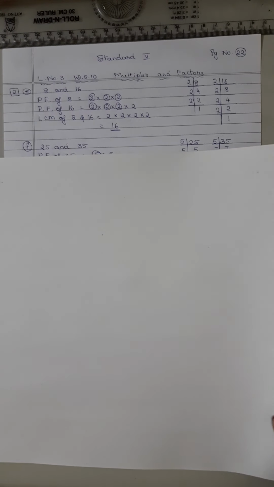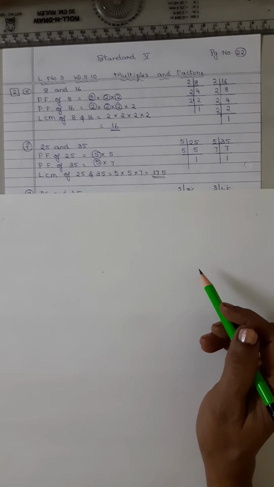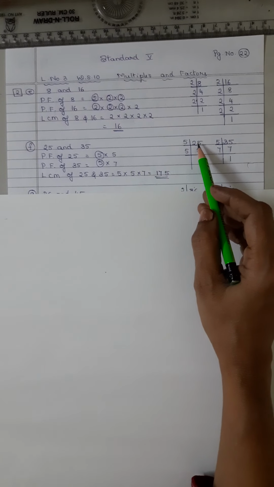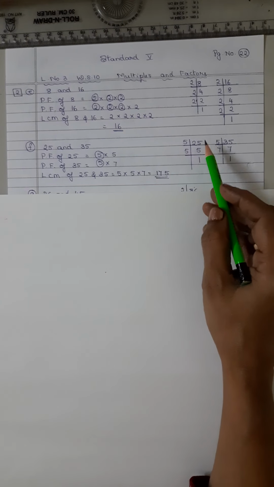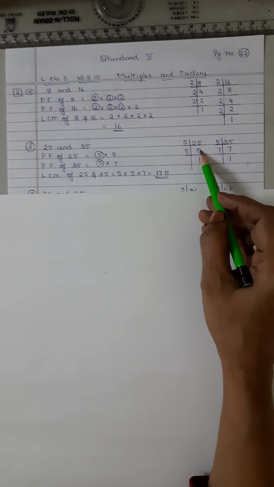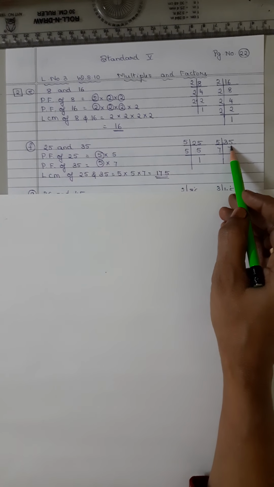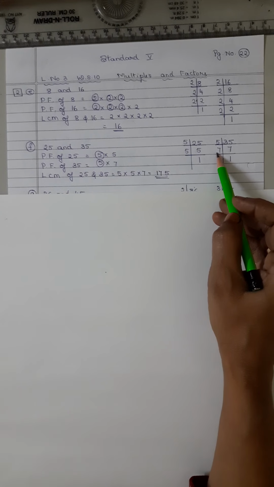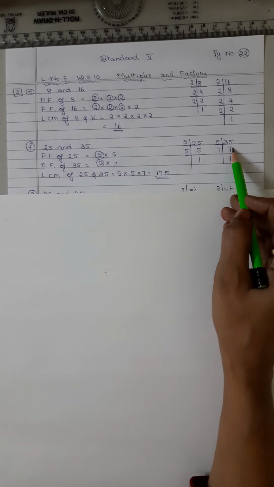Now coming to question number F. It's 25 and 35. 25, 5, isn't it? 5 5s are 25, 5 1s are 5. 35, directly 5. 5 7s are 35. 7 is a prime number, so 7 1s are 7.